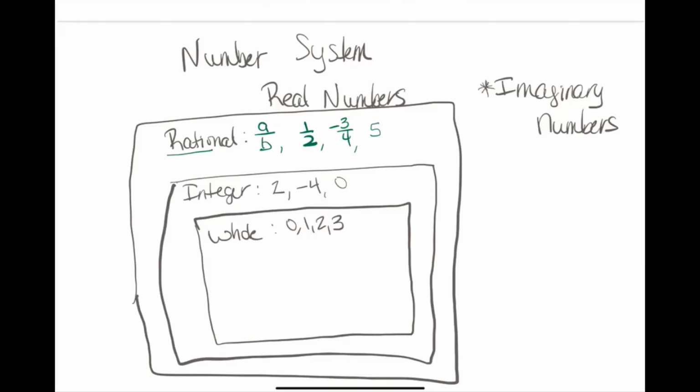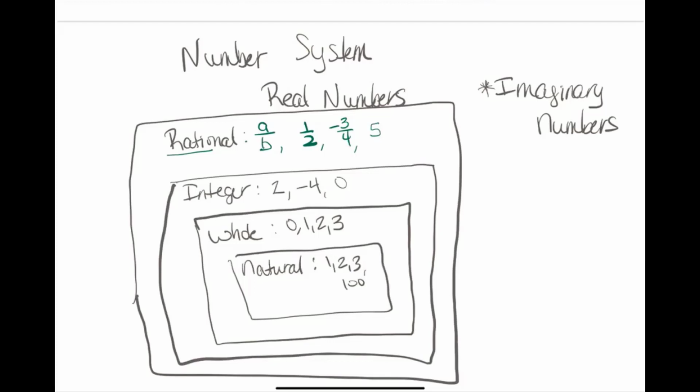And then our smallest little category that we talk about is what we call natural numbers. Natural numbers are like 1, 2, 3, 100, or however high. So I think of natural numbers this way: if you go outside and you count trees, what's the first number of trees you can count? 1, right?